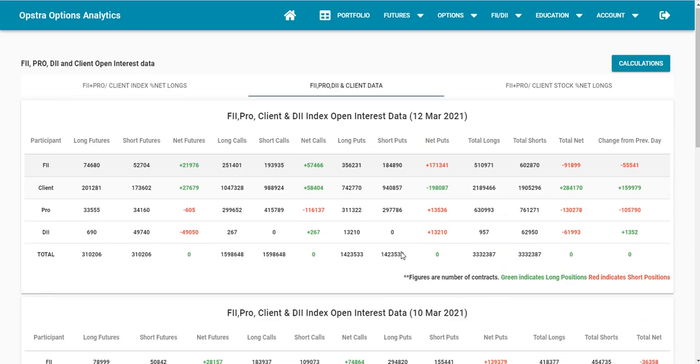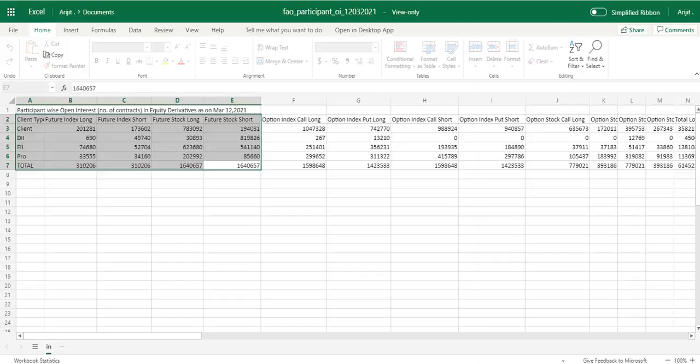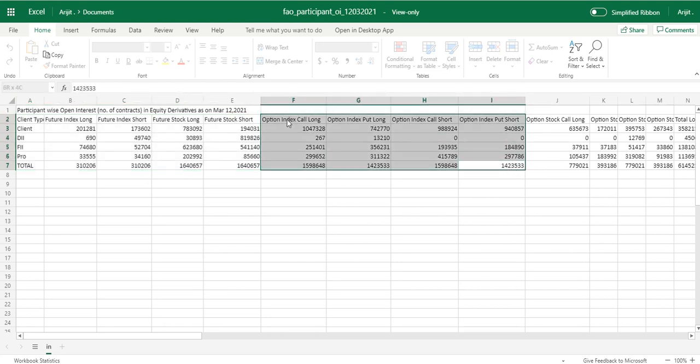Now the next segment is the option segment. If you download the data from the NSE website, you will see there is option index: call long, put long, call short, put short. This is one segment, and then there is stock: call long, put long, call short, and put short.